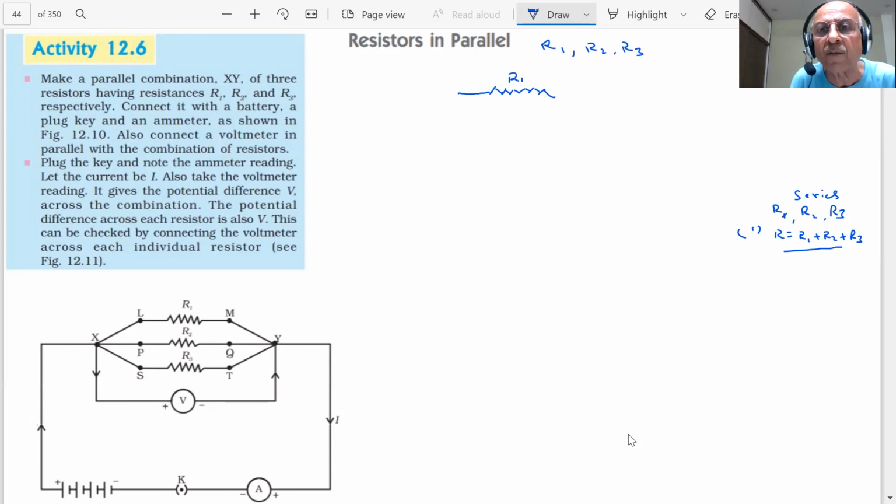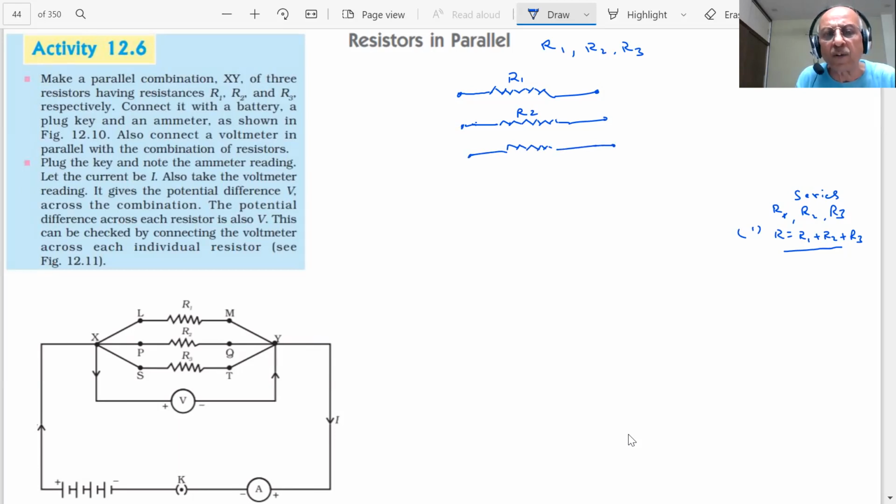This is my R1. Then you have another one, this is my R2. You have another resistance, this is my R3.